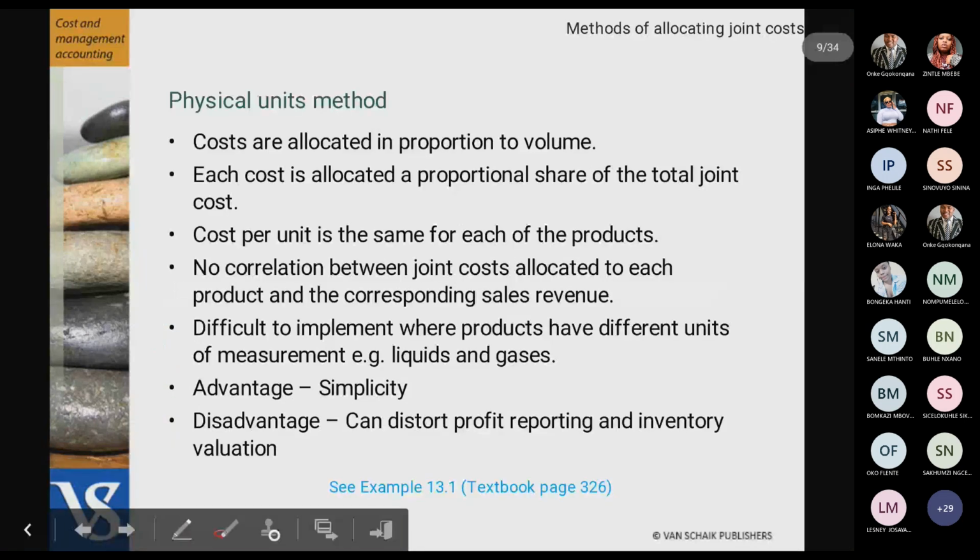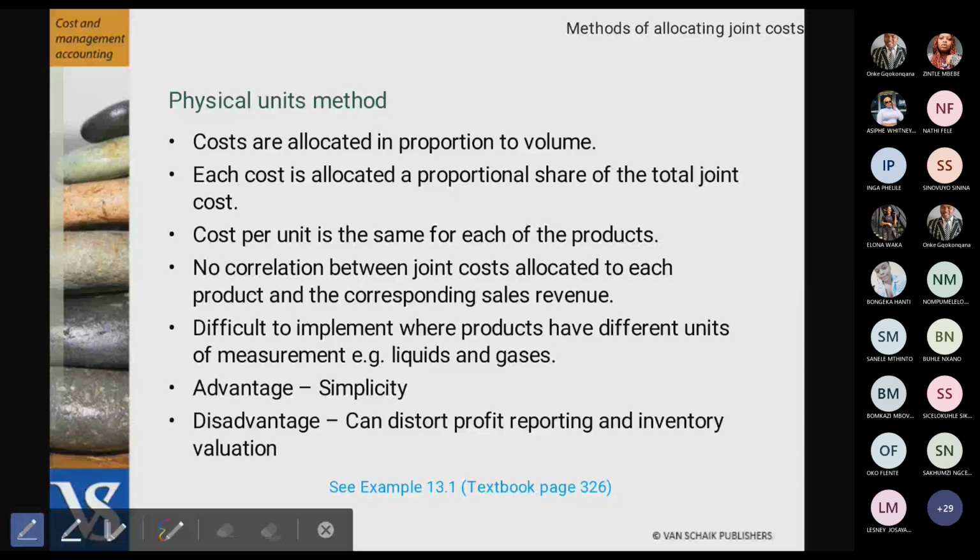So first let's look at the first method, the physical units method. Costs are allocated in proportion to volume. Each product is allocated a proportionate share of the total joint cost. Cost per unit is the same for each of the products. There is no correlation between the joint cost allocated to each product and the corresponding sales revenue.